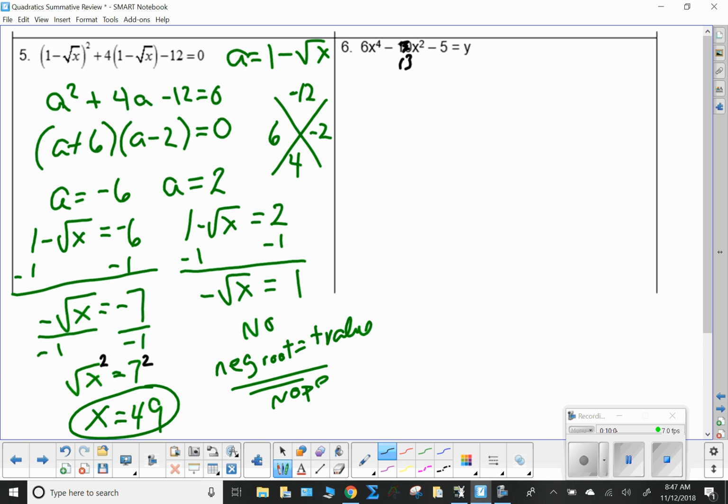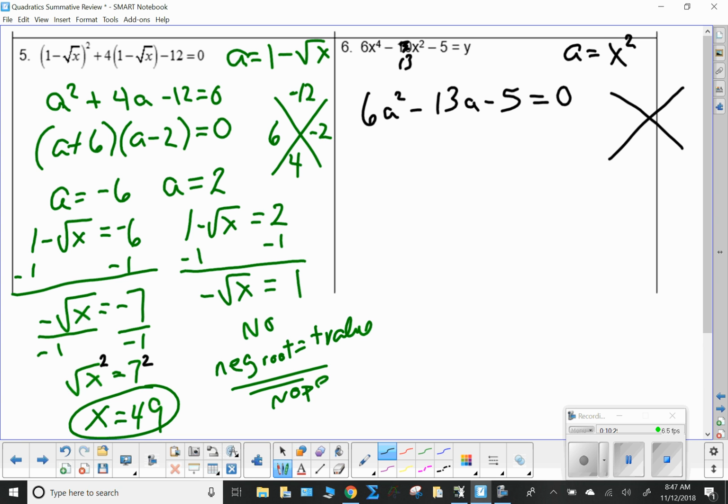So now a is equal to x squared. So I have 6a squared minus 13a minus 5 is equal to 0. When I solve, I'm going to set y equal to 0. Now, here, I can factor this, or I could use the quadratic formula.